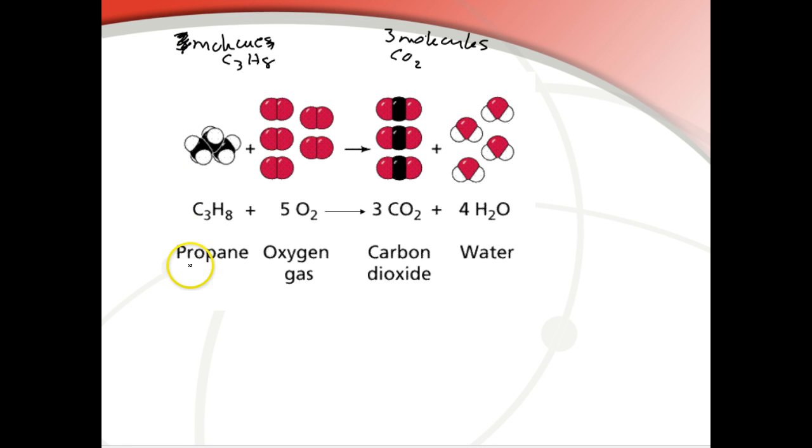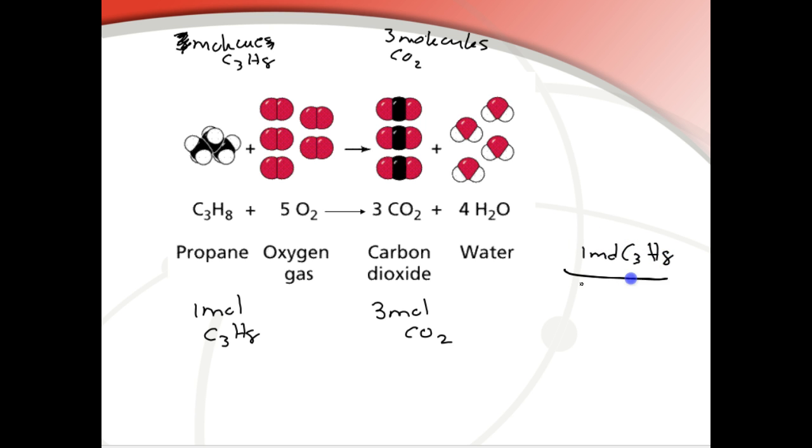And so this also means that 1 mole of propane, C3H8, makes 3 moles of carbon dioxide. Cool. That's the only big idea here, guys. It's super easy. So if I had a conversion factor that I needed, I could pull it from this: 1 mole of C3H8 and 3 moles of CO2.